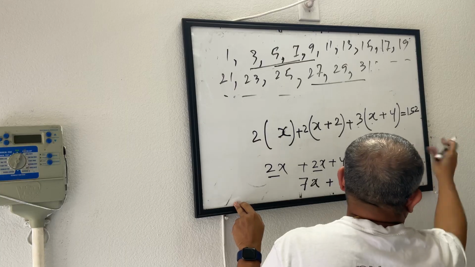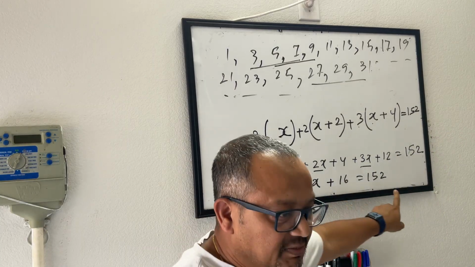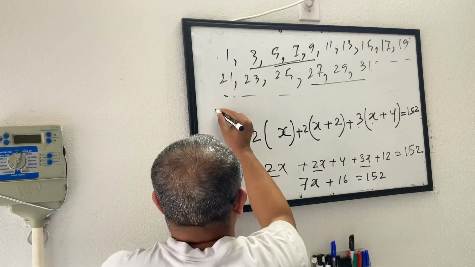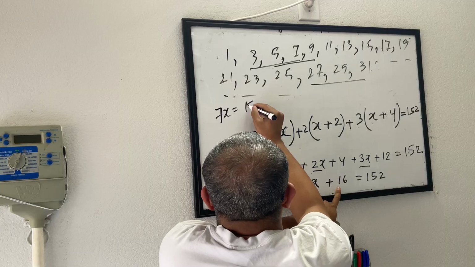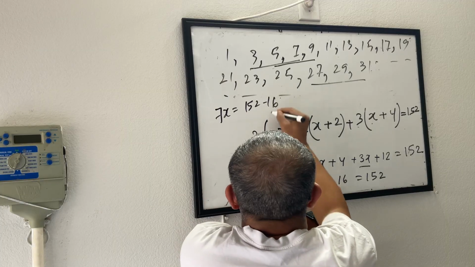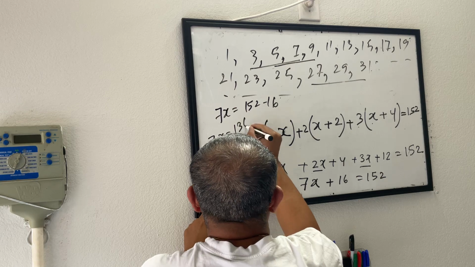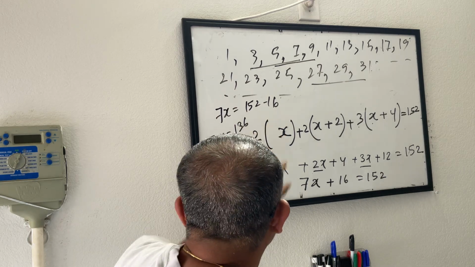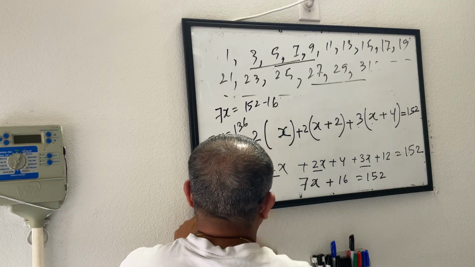So 7x plus 16 is 152. 7 times x equals 152 minus 16. That is 7 times x is equal to 136. So x will be equal to 136 divided by 7.